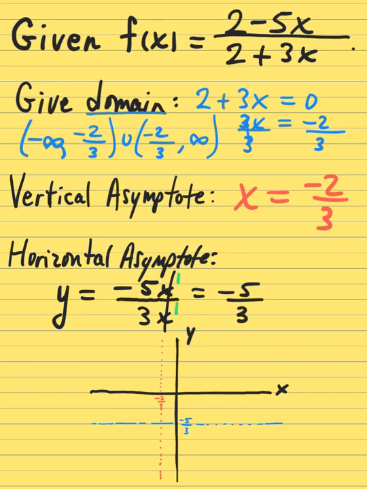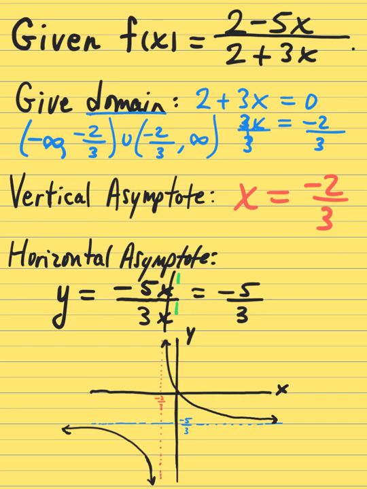What you'll find is your graph will hug the horizontal asymptote on the far left and right ends, never touching or crossing the red vertical asymptote, but hugging the blue horizontal asymptote.